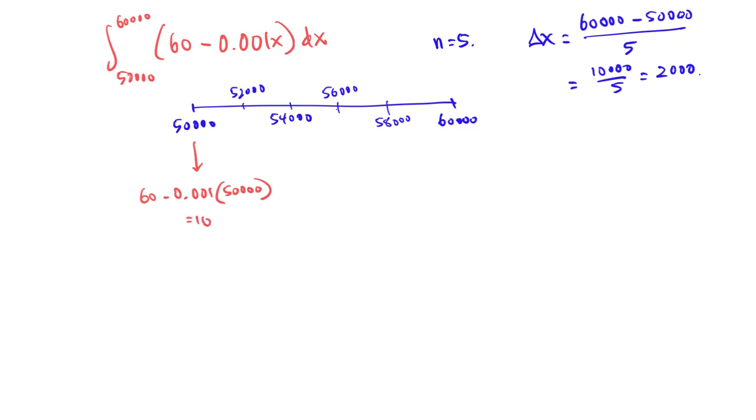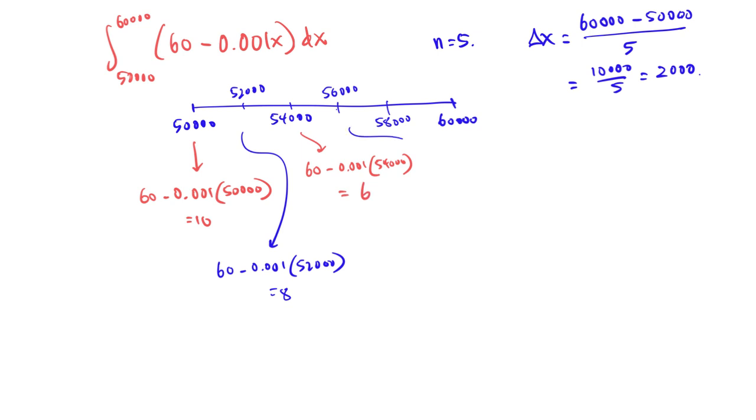For the next x endpoint, we plug in 52,000 into the function, 60 minus 0.001 times 52,000. We will get 8. For the next endpoint, plug it into the function, 60 minus 0.001 times 54,000. We will get 6.